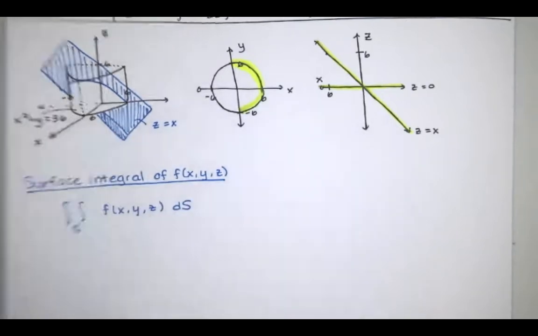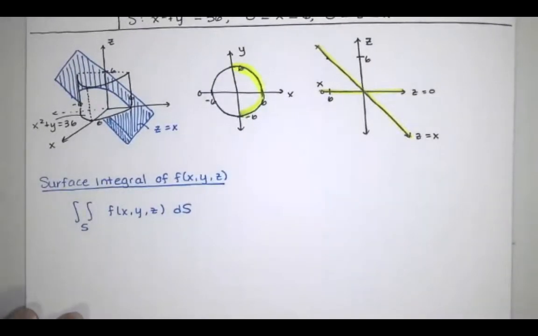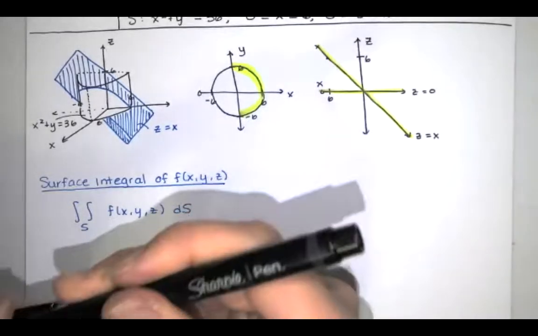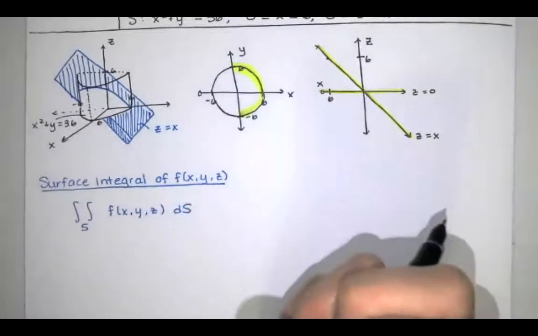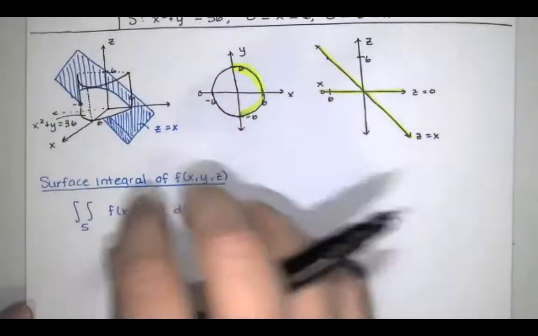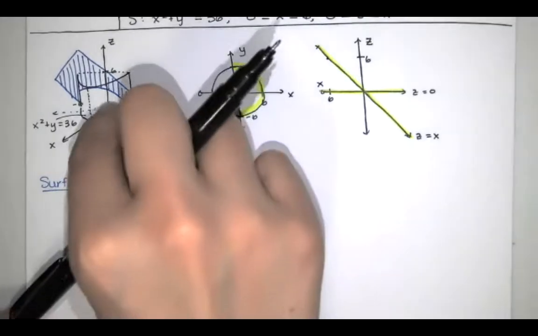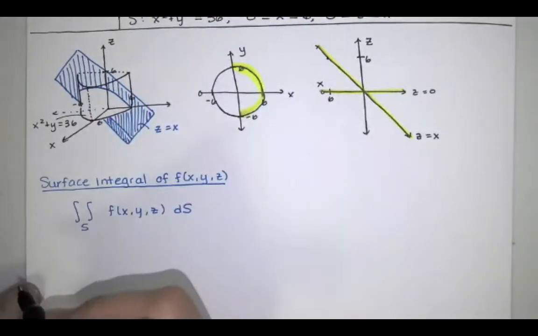But all of them involve taking a projection onto one of the planes, either the xy plane or the yz plane or the xz plane, because our surface is 2-dimensional. In order to evaluate the integral, we need to get everything in terms of 2 variables, instead of thinking of this function as being multiplied by this little surface area piece for each part of the surface.